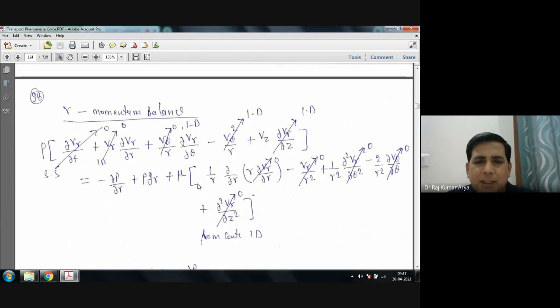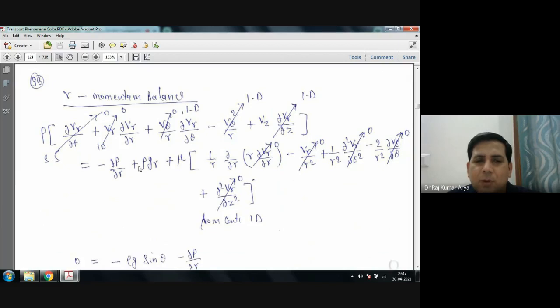The r momentum balance you can apply, because generally we have to apply the momentum balance in all three coordinates, and once you simplify that, you will come to know that something will come from each momentum balance.